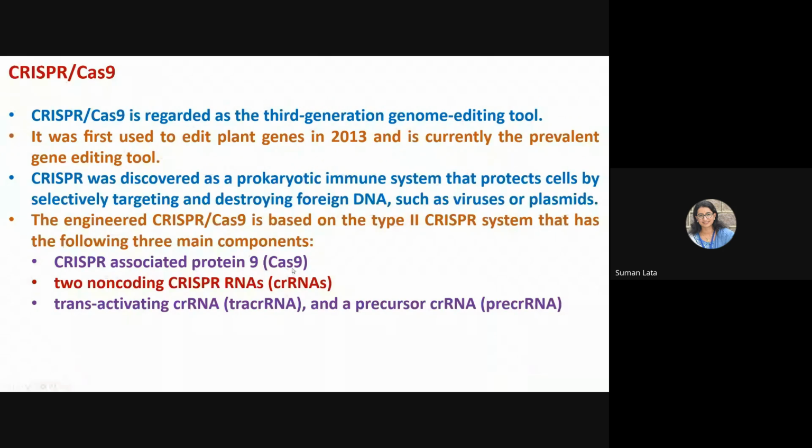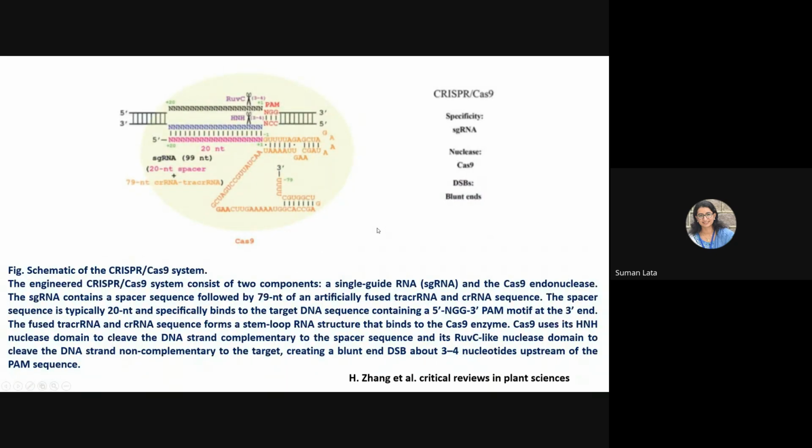One is Cas9, that is CRISPR-associated protein 9. There are two non-coding RNAs, the trans-activating CRISPR RNA and the precursor CRISPR RNA. So this is the schematic representation of the CRISPR-Cas9. The engineered CRISPR-Cas9, which is used in the laboratories, has two components.